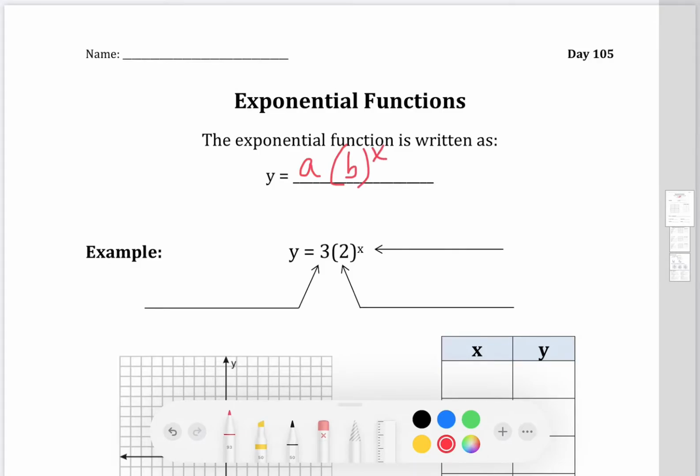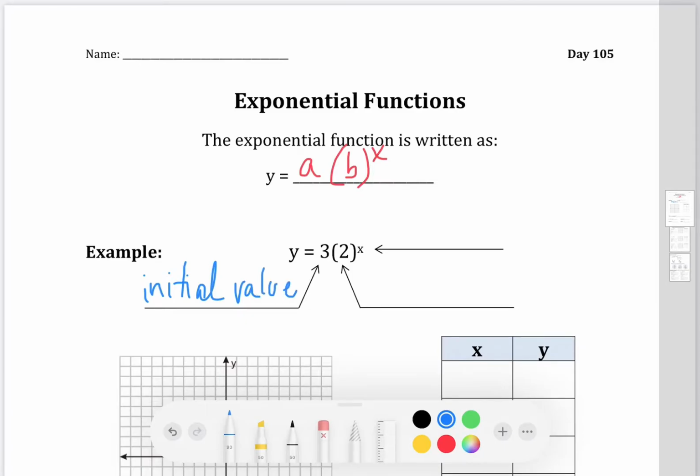So an exponential function starts with a number. Then there's a number in parentheses. And it's raised to the x. Okay? So in this first example, the 3 is the number that's in the front. The number in the front is called the initial value.